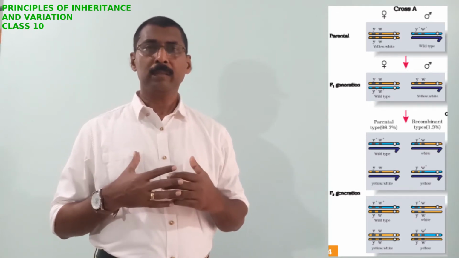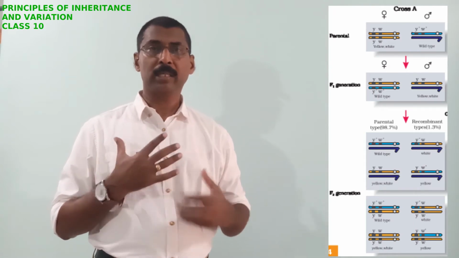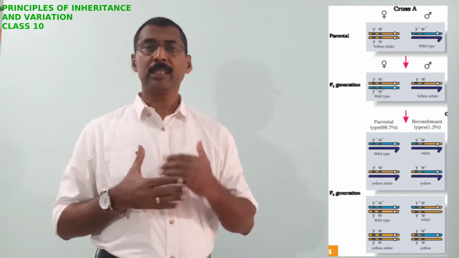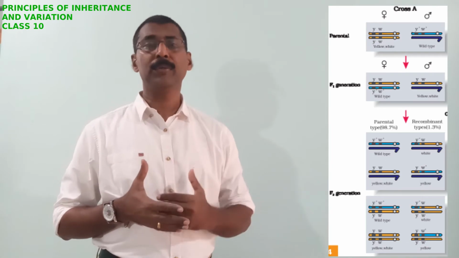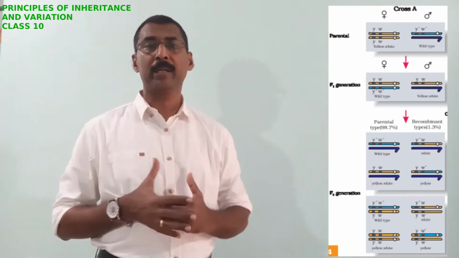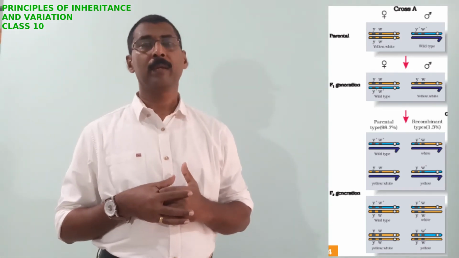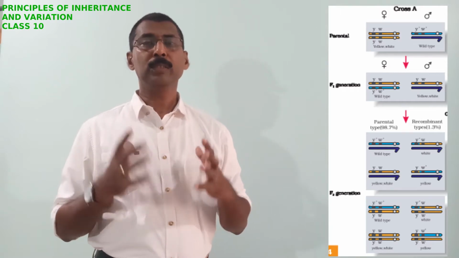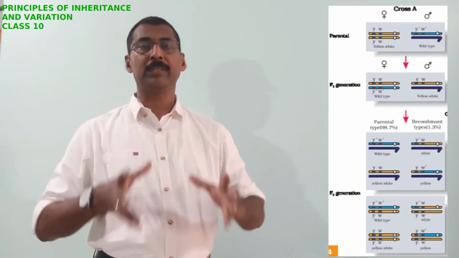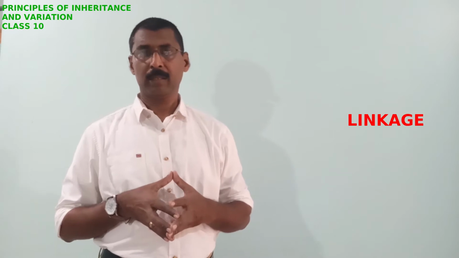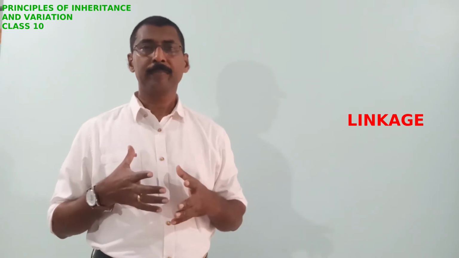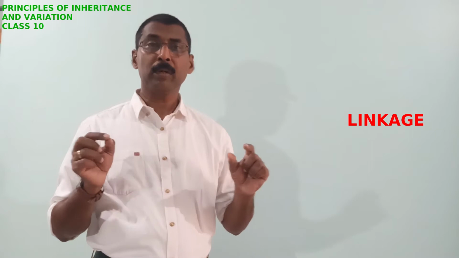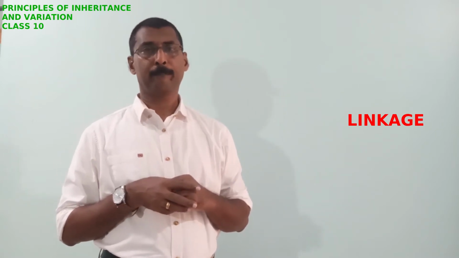And he suggested that the reason for the high percentage of parental combination is due to a phenomenon called linkage. He suggested that many genes can be located on the same chromosome.